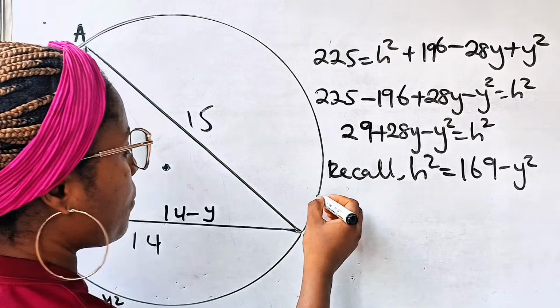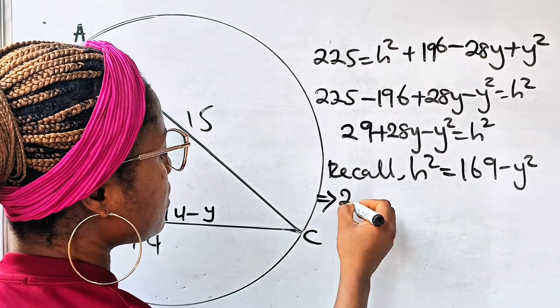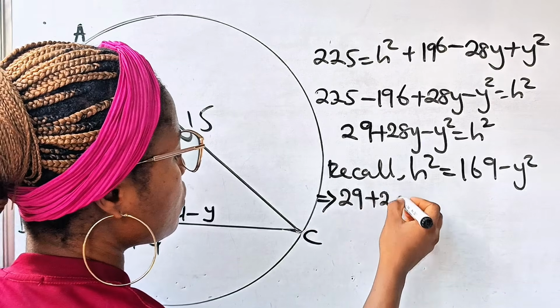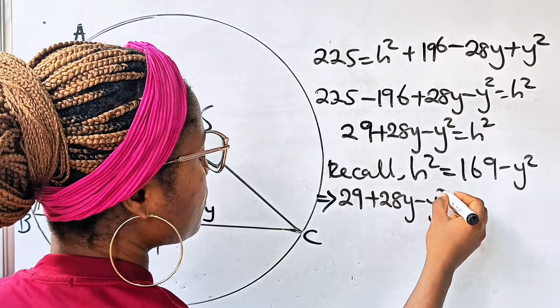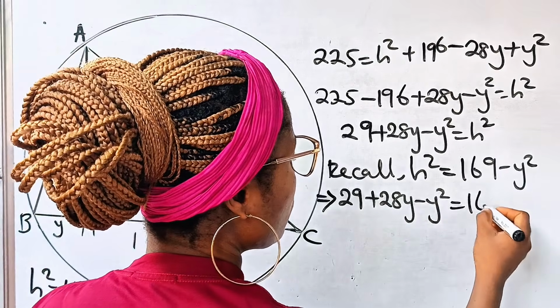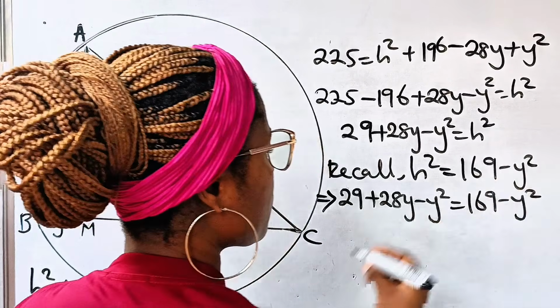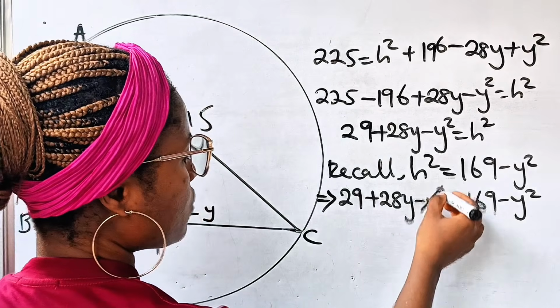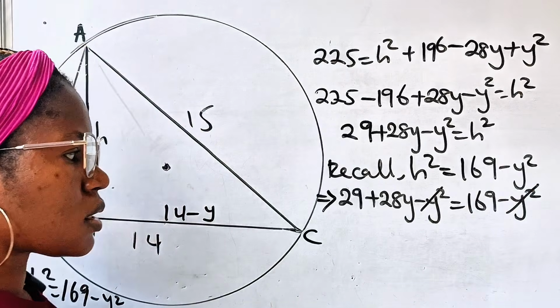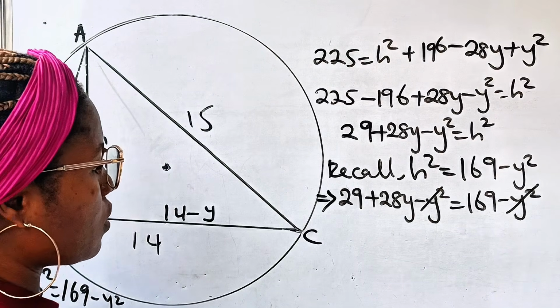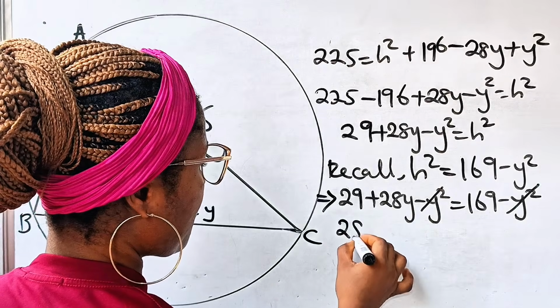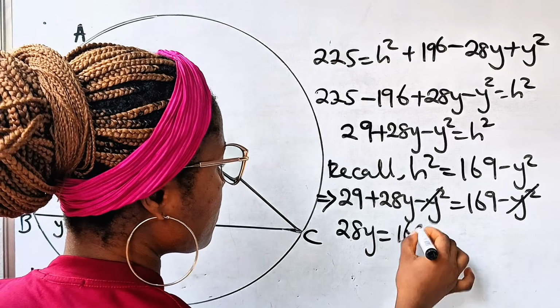So we can say that 29 plus 28Y minus Y squared is equal to 169 minus Y squared. Now, minus Y squared minus Y squared, that one will go. So we are left with 28Y is equal to 169.